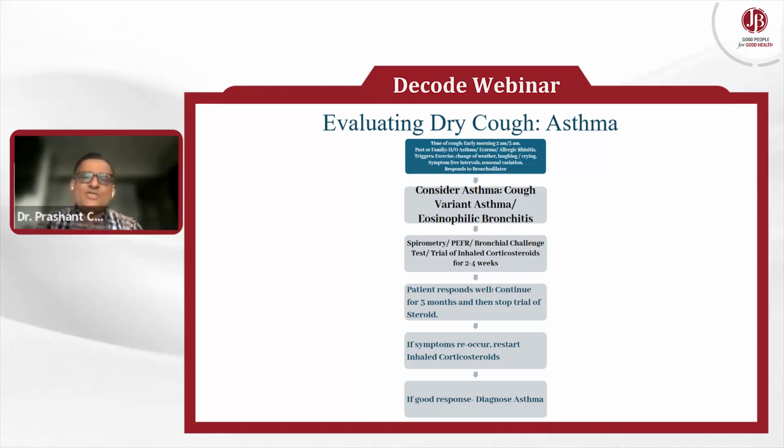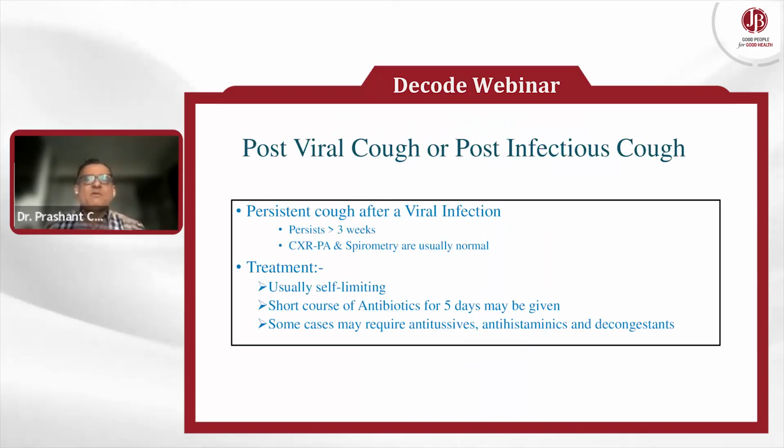Based on the clinical evaluation, you can still give a trial of inhaled corticosteroids for a few weeks and then see. If the patient responds, now this is very important, then you can continue for 3 weeks, stop the steroid, and if the symptoms recur, you start the inhaled corticosteroids again. And if the patient improves, that would also endorse the diagnosis of asthma. So this is a clinical diagnosis of asthma, or what we call a physician diagnosed asthma.